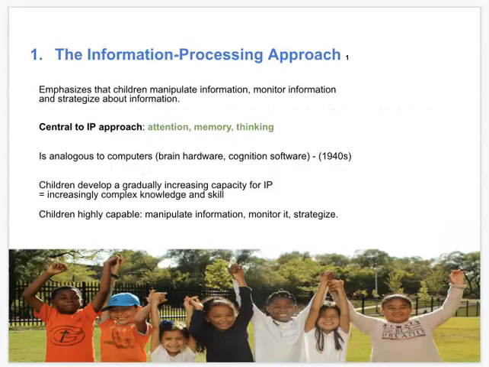All right, so first, the nature of the information processing approach. So what is it? This approach, like I said, it's sort of analogous to computers, right? Where you've got the brain, which is the hardware, you've got cognition, thoughts, expectations, memory, thinking, attention, all of those things are like computer programs, software, right?